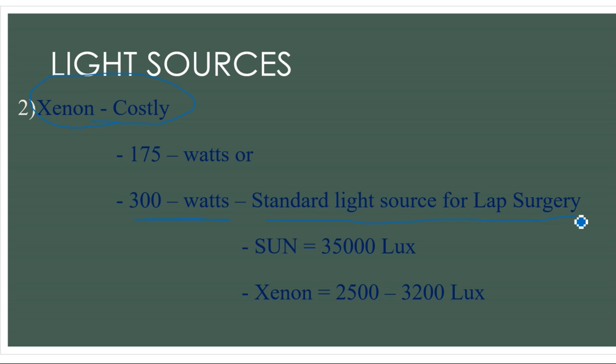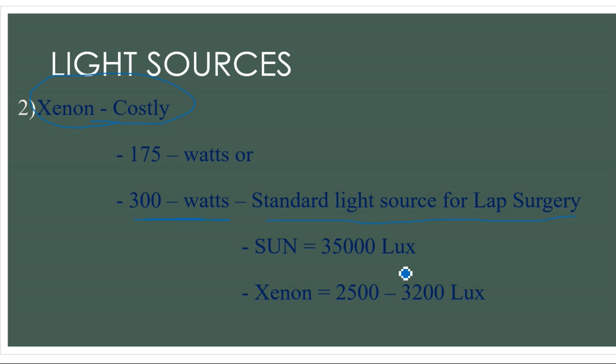Just to understand what these three different types of light sources are, what are the concepts important for us to know while going through the various light sources? Understand this point: lux is for luminous flux.